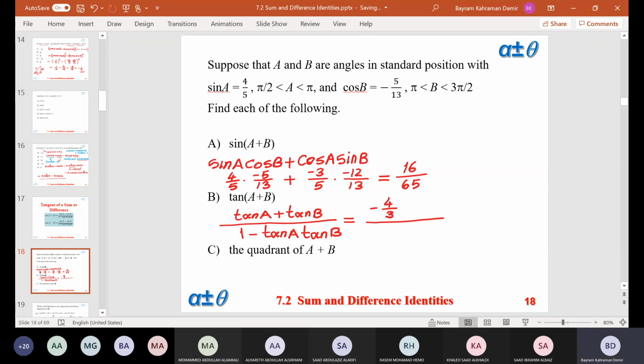Because A is in the second quadrant. Yes, perfect. How about tangent of B, Shabab? It will be 12 over 5. Perfect. It is positive, right? So it is 12 over 5. Perfect.